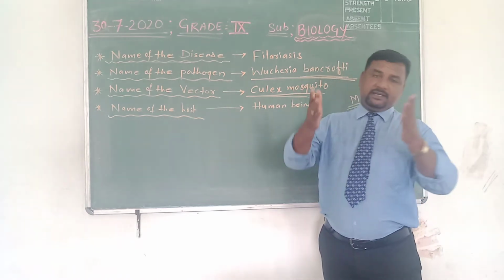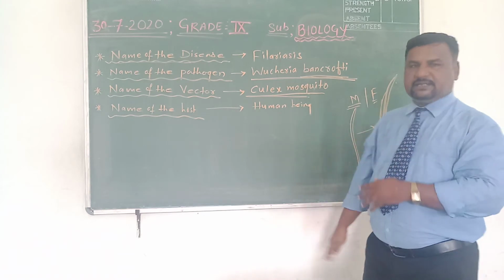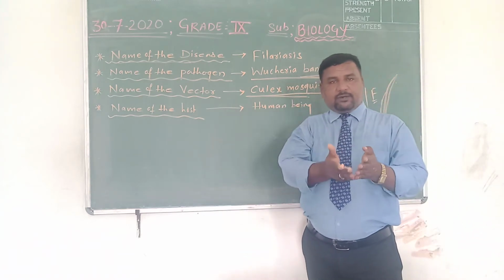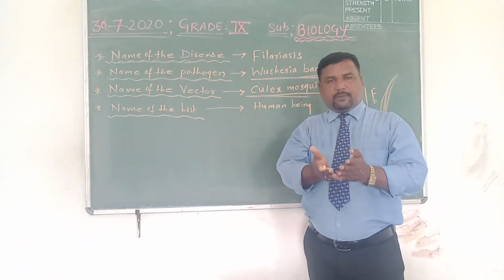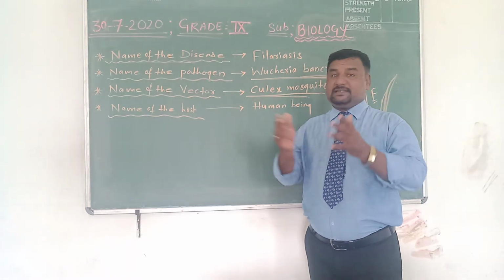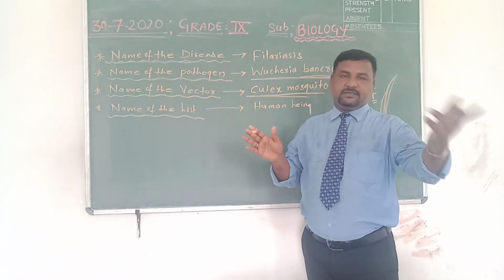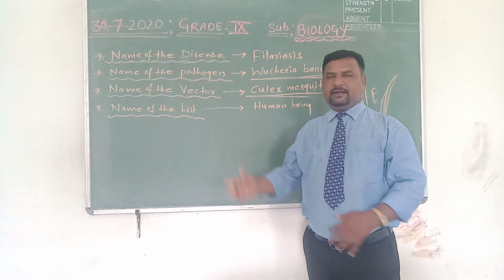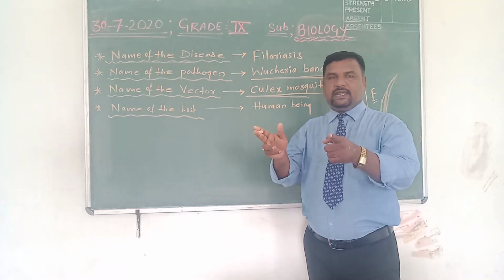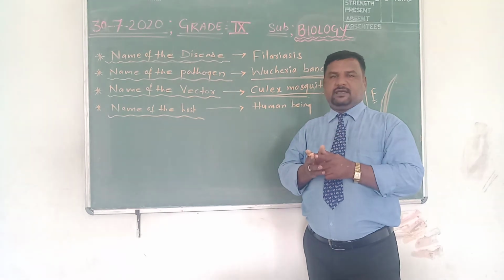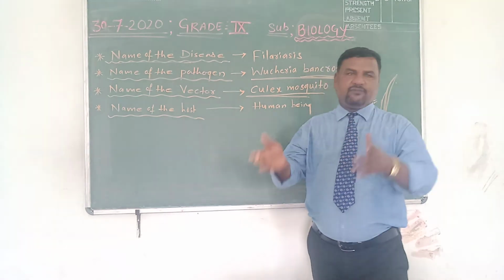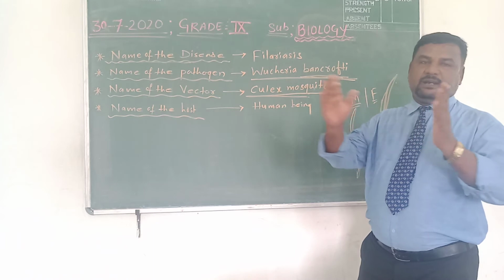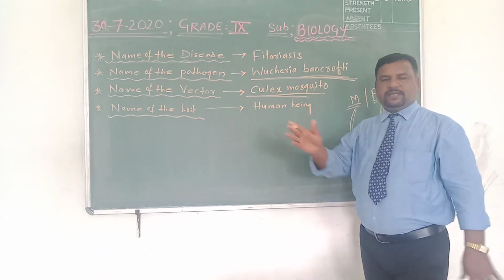Blood is red in color, lymph is white in color. Blood has red blood corpuscles, white blood corpuscles and blood platelets, whereas lymph does not have red blood corpuscles, erythrocytes and thrombocytes, blood platelets; lymph has only lymphocytes. What are lymphocytes? They are a type of leukocytes, white blood corpuscles. So it is white in color.